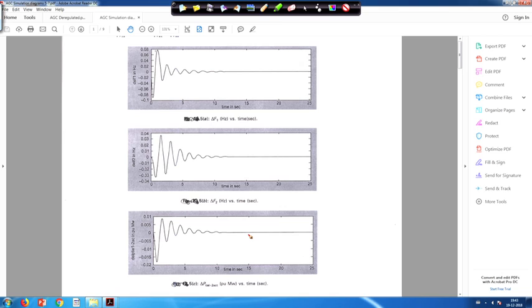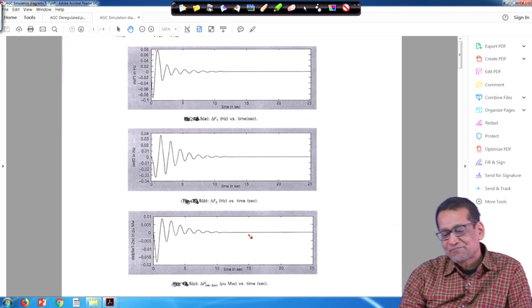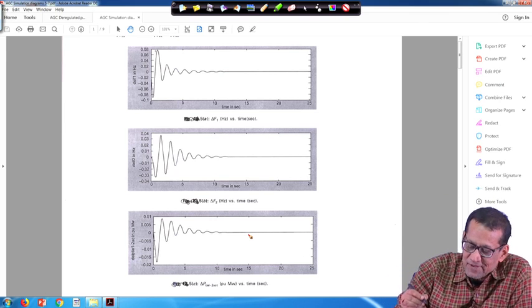This is simulation, but I suggest you do the steady state analysis the way we did for conventional AGC, where we gave the expression of delta f SS and delta P tie 1 to 2 SS steady state error. Here also, for the deregulated part, it is a small exercise for you: derive it, and you will find it is 0.